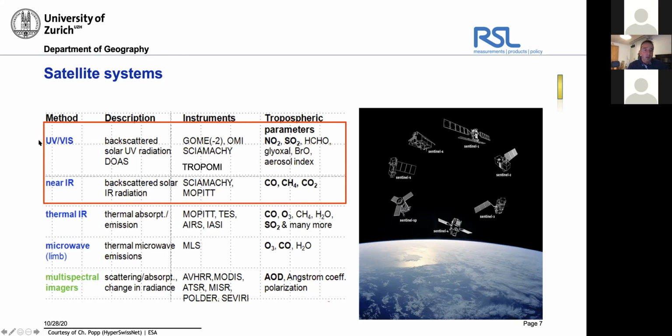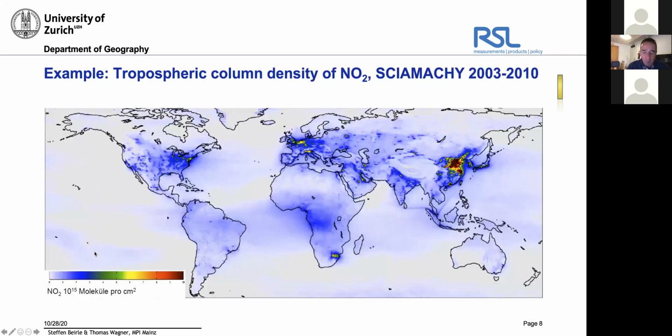spectral range. I assume that you know the ranges of the spectrum for remote sensing. This is an advanced lecture, so you should know that the UV-Vis is below 700 nanometers, near infrared is between 1 micron and 2.5 micron wavelength, thermal infrared is in the 10 micron range, and microwave is somewhere else, much further back in the spectrum.